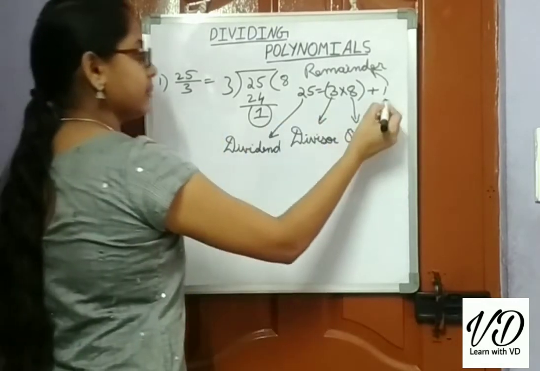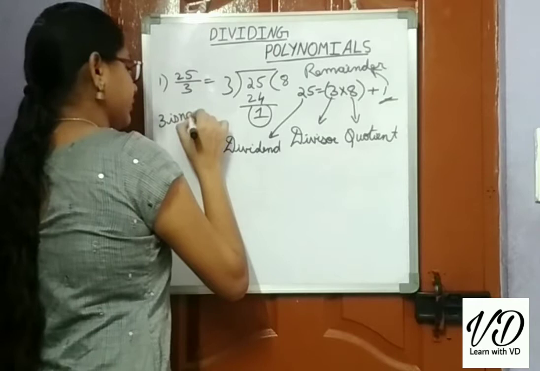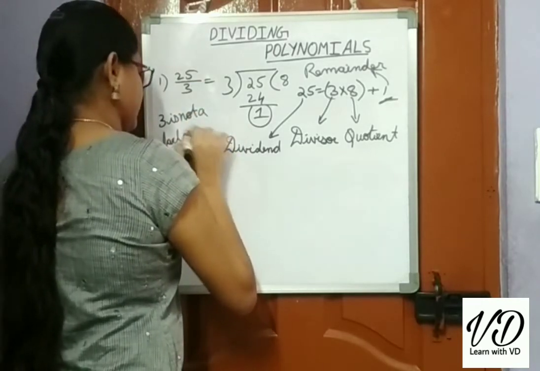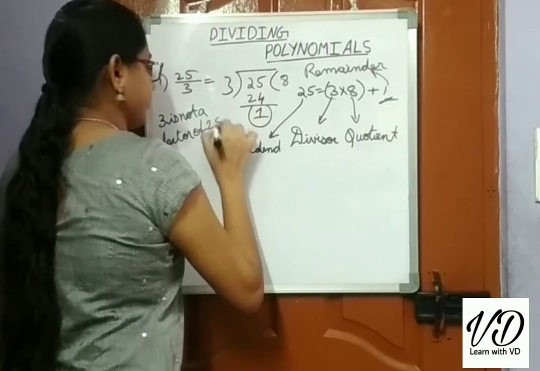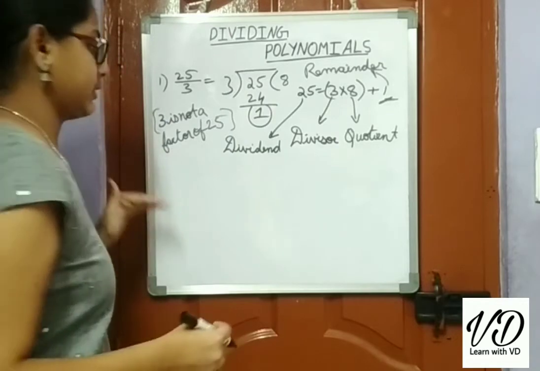Here we got a remainder 1, so 3 is not a factor of 25. If we get any remainder, we can say that the number is not a factor.